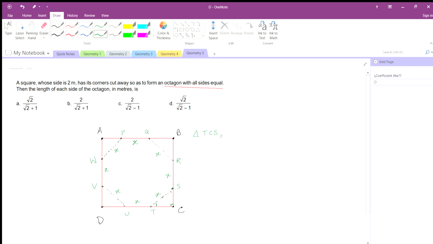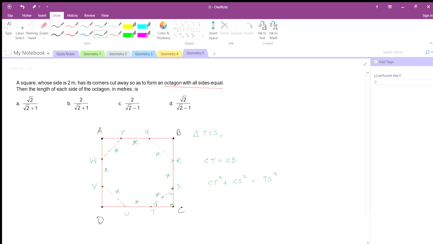I have to figure out the relation between this side, CT and CS. Because I know that since this is a right angle triangle, CT square plus CS square is equal to TS square by Pythagoras theorem, right?